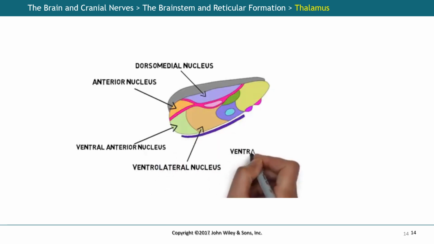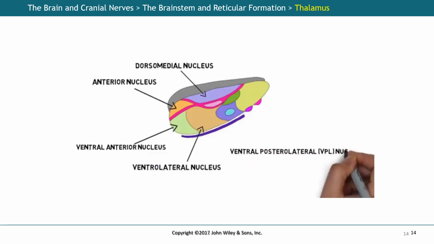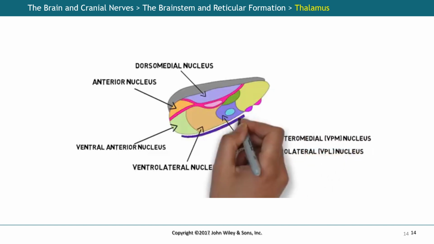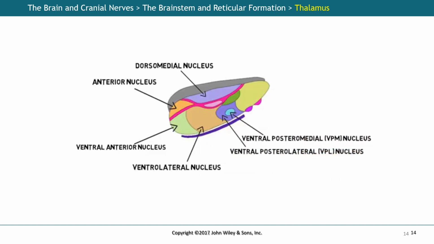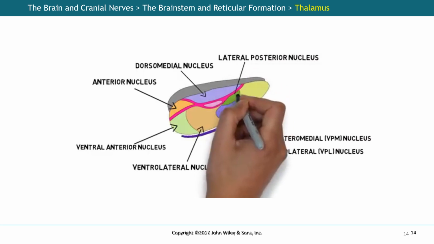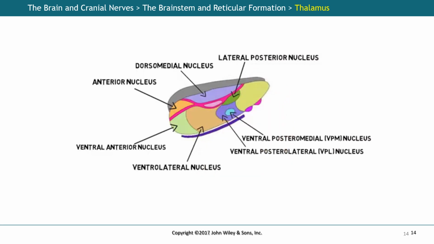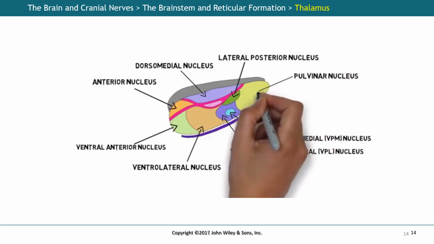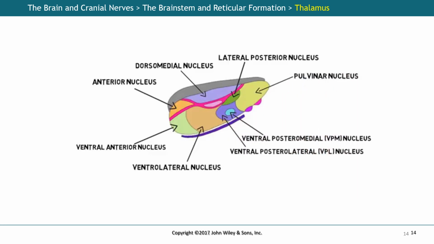The ventral posterolateral nucleus, or VPL, and the ventral posteromedial nucleus, or VPM, both act as relay nuclei for sending somatosensory information to the somatosensory cortex. The lateral posterior nucleus is thought to be involved with integrating sensory input and associating it with cognitive functions. The pulvinar nucleus is a large nucleus that is involved in processing visual stimuli.